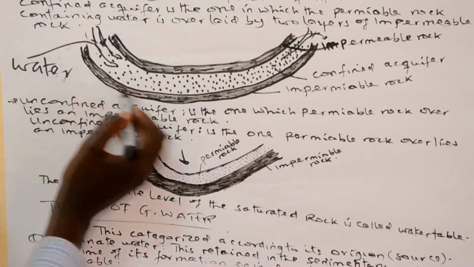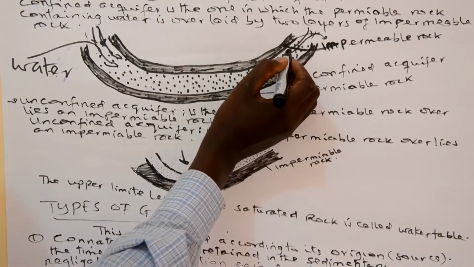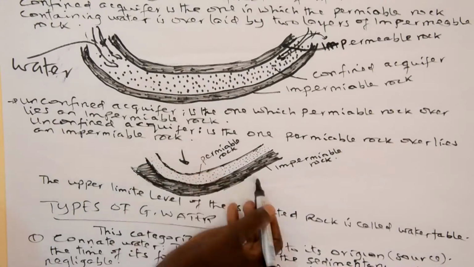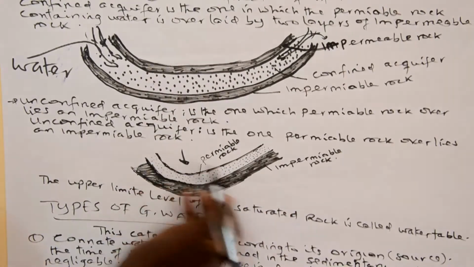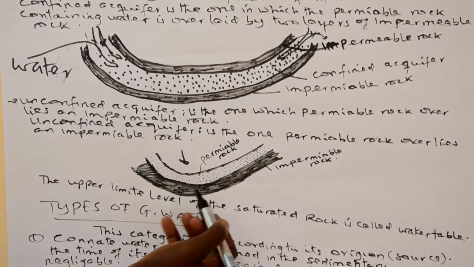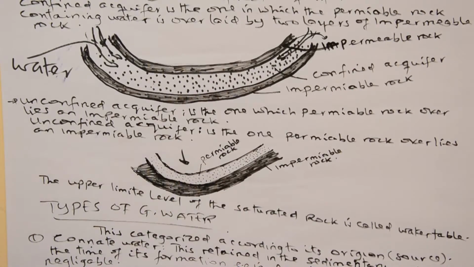The confined aquifer lies between two layers of impermeable rock, but here there is one impermeable rock acting as the source-like structure. Water can be stored in this cavern through vertical sinking.